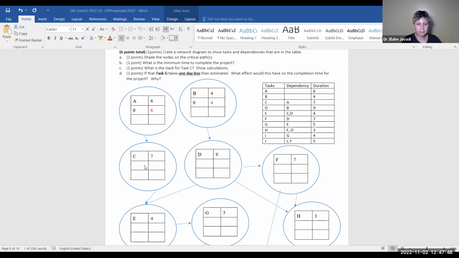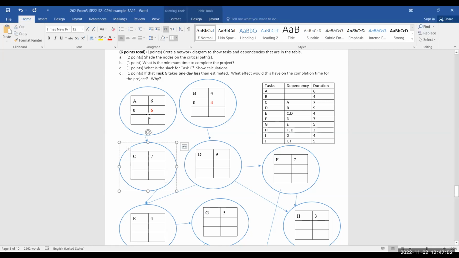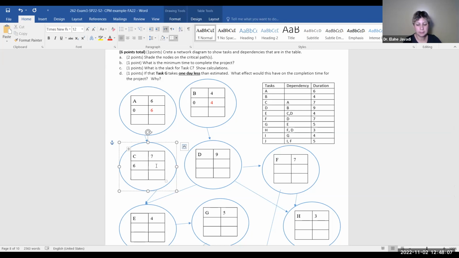So C depends on what? A. What is the day that A is completed? 6. So that would be 6. And then what would be the earliest C can finish? 6 plus duration. It would be plus 7, so then 13. Exactly. Good job.